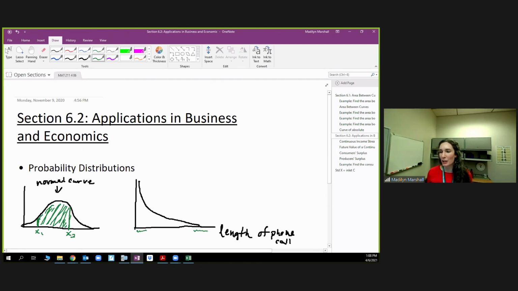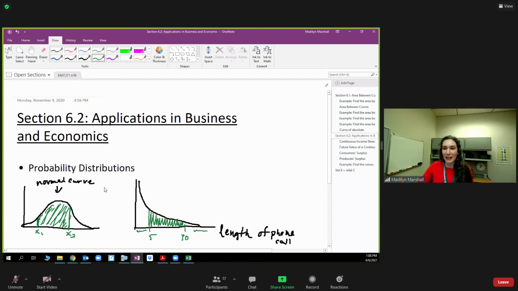Some phone calls are much longer. But we can look at probability distributions that are different shapes, which I'm leaving to your stats class, but this would be the same kind of thing. If we want to know the percent of phone calls that are between 5 minutes and 30 minutes, we would just integrate that distribution to find the area under there. So a lot of what you see in a statistics class for like the normal curve actually has calculus in there. We just don't have to do it because it's already done for us.